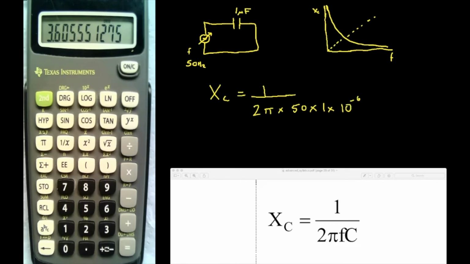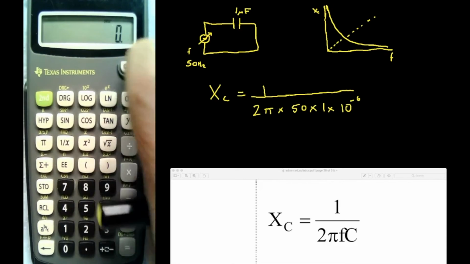I should extend that because it's over the lot of them there. Now, by now you should be looking at this thinking, I won't start with the 1, I'll start with the complicated bit at the bottom of the fraction, and then flip it at the end. So let's work that out first of all.